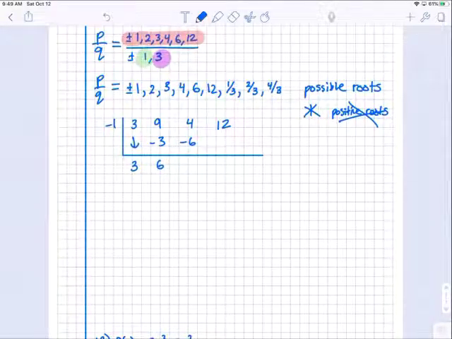Add, we get -2. Well, that's not going to cut it. So we know -1 can't be a root either. Add it on to the ones we cannot try. Alright, let's try -2. -2 times 3 is -6, which gives 3. 3 times -2 is -6, which gives -2. That one's not going to cut it either. So it can't be -2.